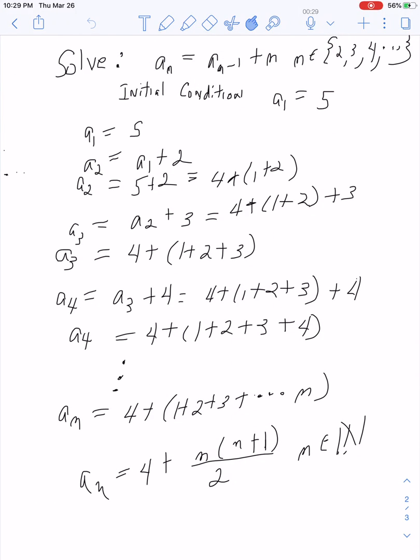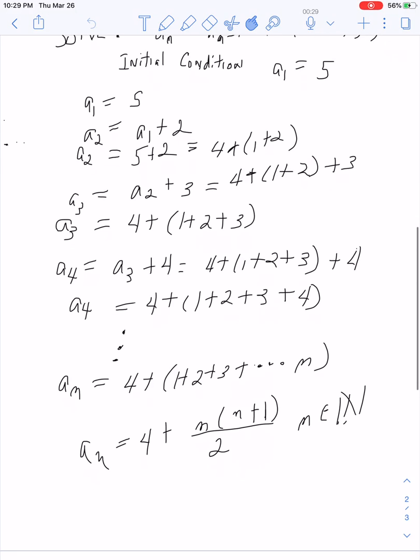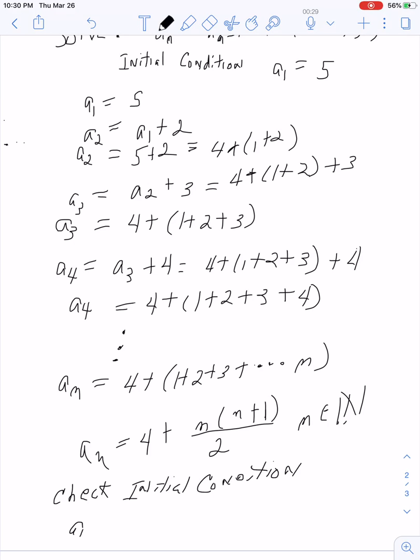Now, if I want, I can check the initial condition. If I were to stick in 1 into this formula, I would get a sub 1 equal to 4 add 1 times 1 plus 1 all over 2, which lo and behold does simplify into 4 add 1, which is 5.